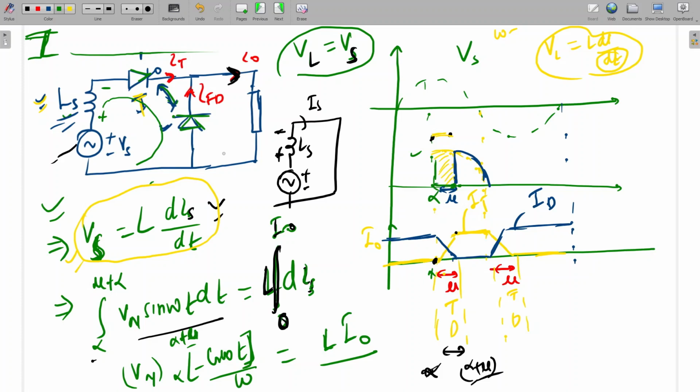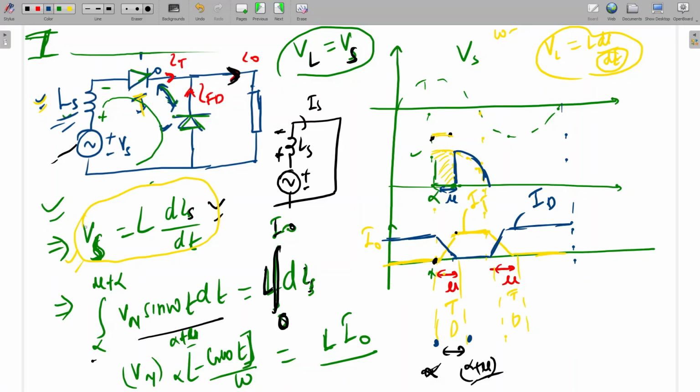Here the diode is conducting, so the output will be 0 in that period. So I have calculated the voltage for this shaded region, from alpha to alpha plus mu. What will be the average value of the output voltage here?